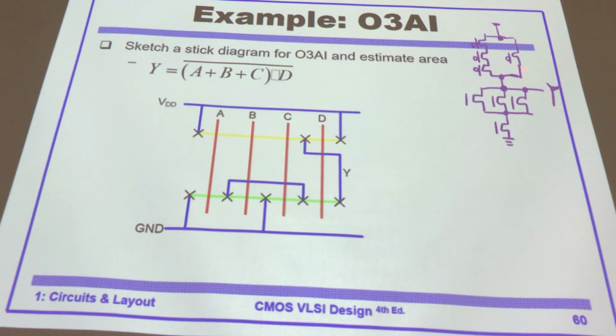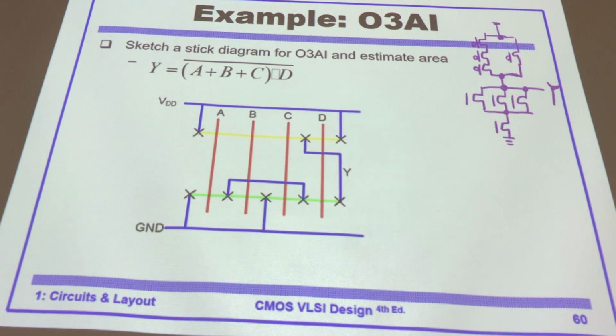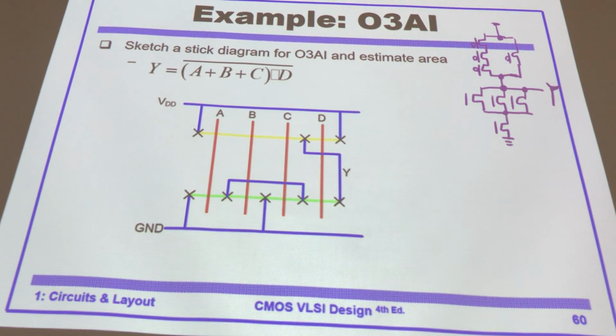But from this to this is probably a little bit harder, right? From here, you can try to imagine, or you can try to reason from the stick diagram to this circuit, which should be easy. So let's try to do that. Can you tell me why this stick diagram corresponds to this circuit? You see that?